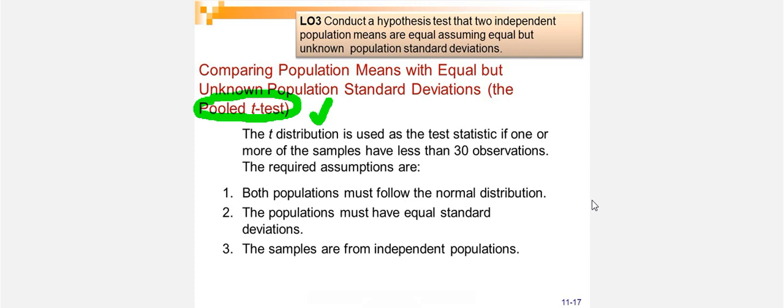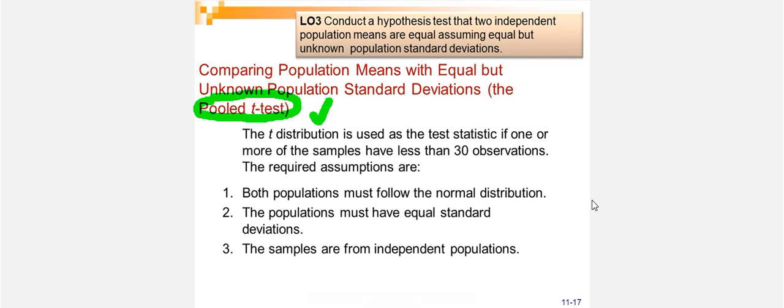Okay, cuba saya minta tolong Siti Nur Asia. Ya, Doktor. Okay, cuba baca slide ni Siti Nur Asia. Comparing population means with equal but unknown population standard deviation, the pooled t-test.